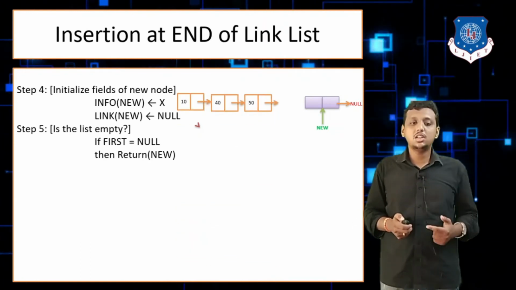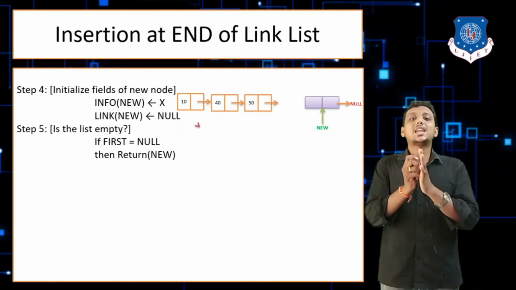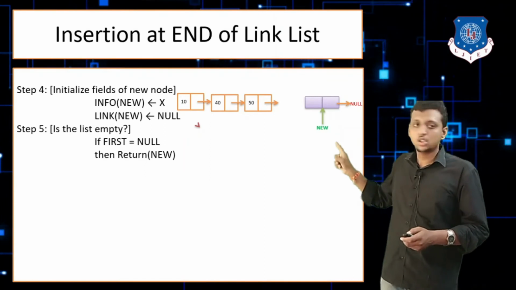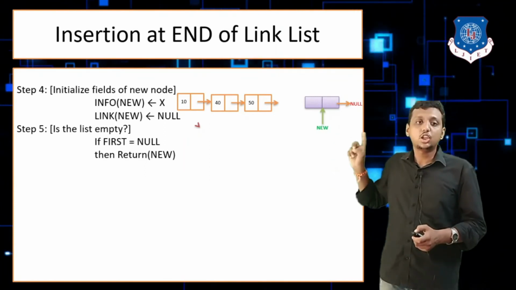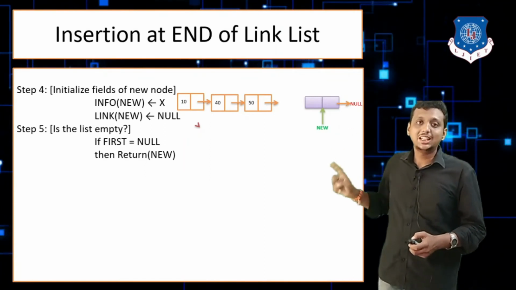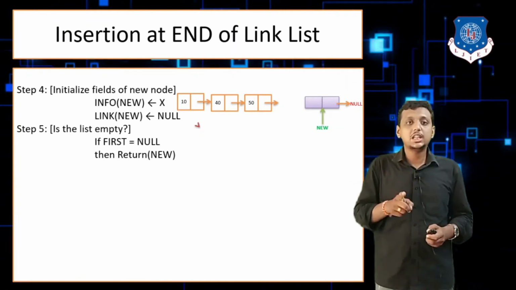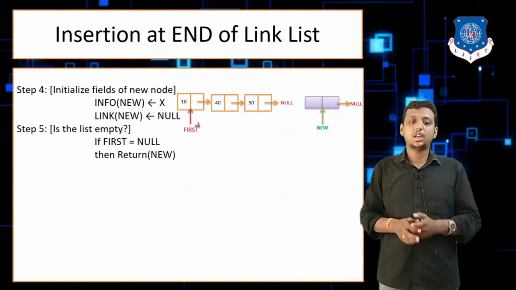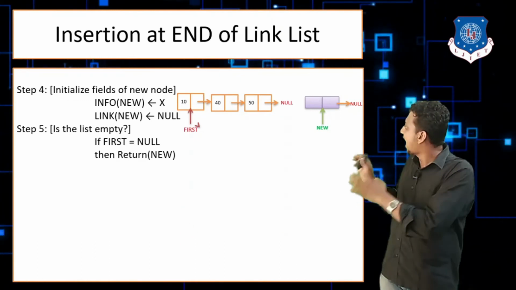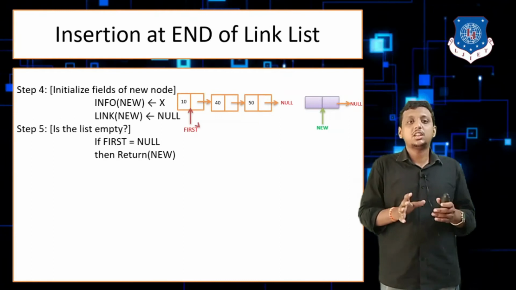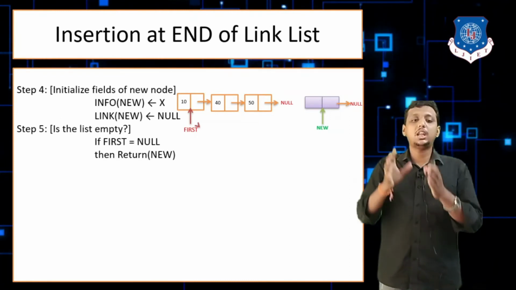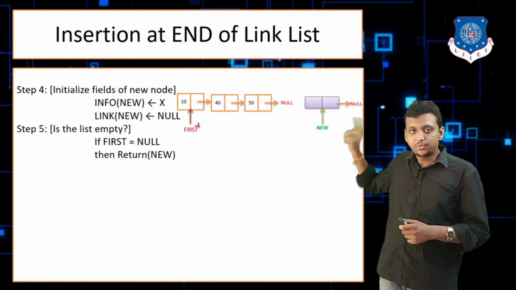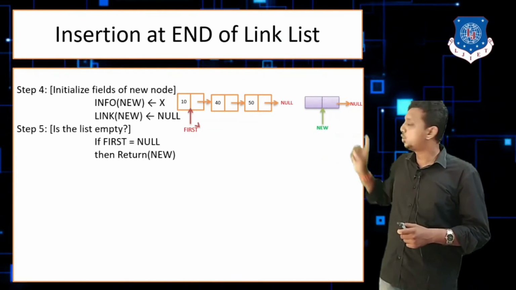Now the next condition is that if my linked list exists, students, make sure you see this animation over here in the PPT with good observation skill. My next condition is if my linked list exists, then what? I have one linked list with the values 10, 40 and 50. 50 is the last node, that's why it points to null.